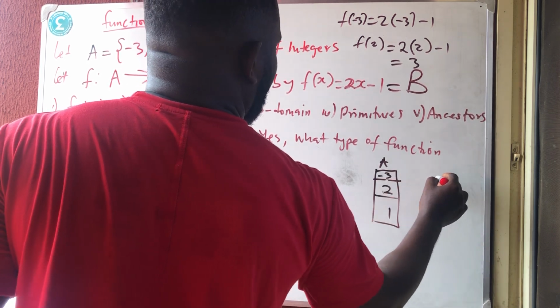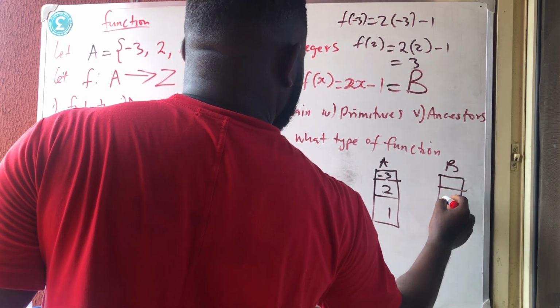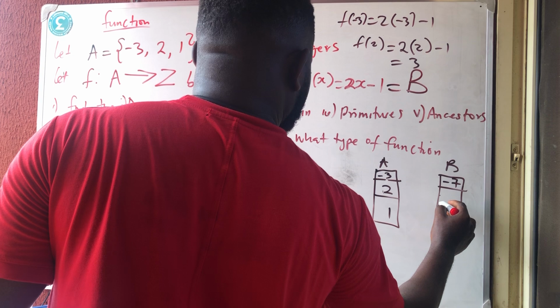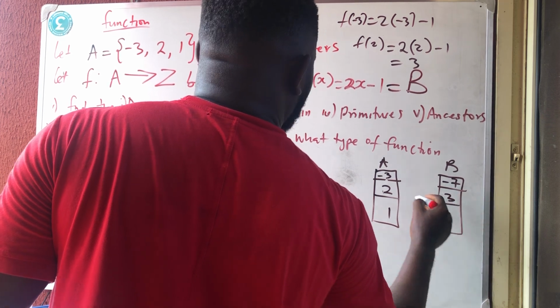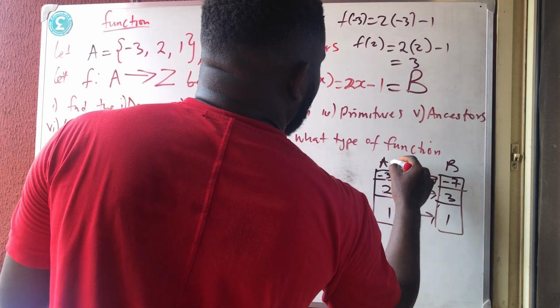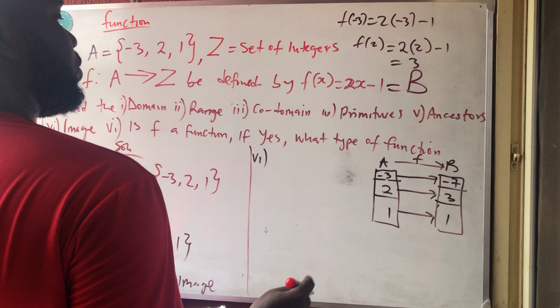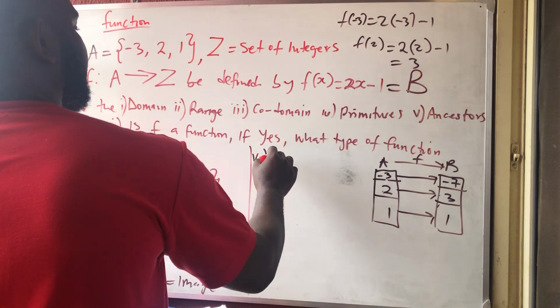Then B gave us -7, 3, and 1. This produces this, this produces this, and this one to this. So this is a function because one producing one is a function.